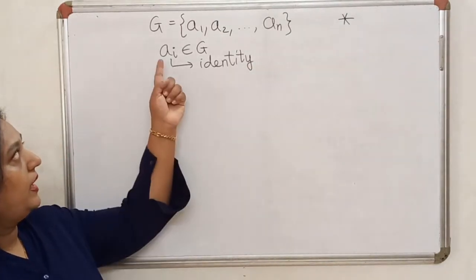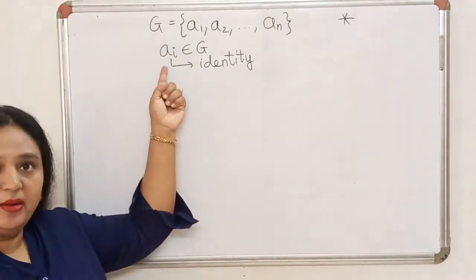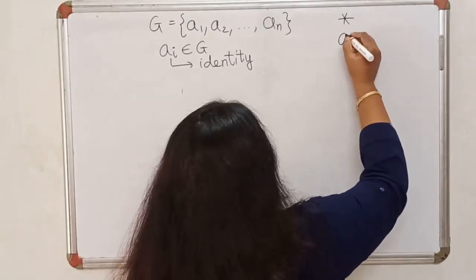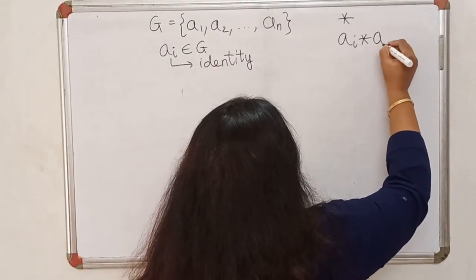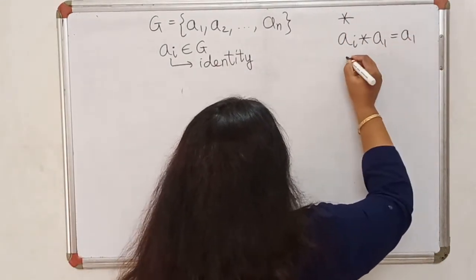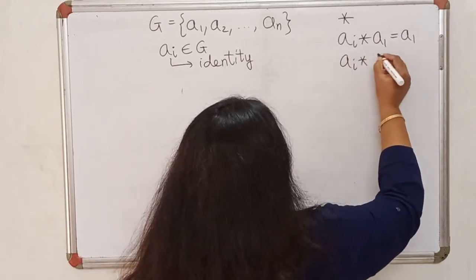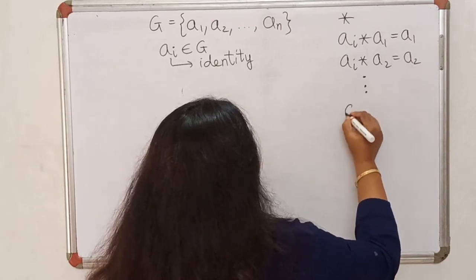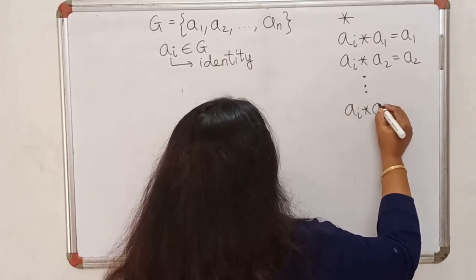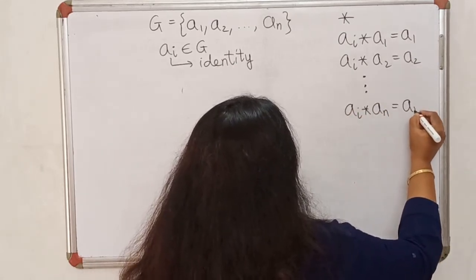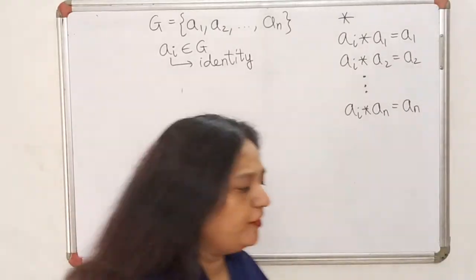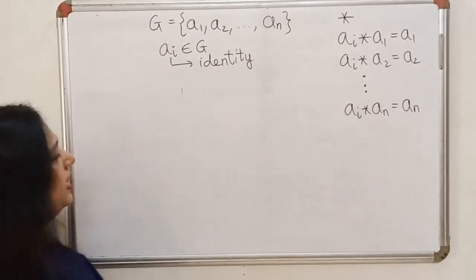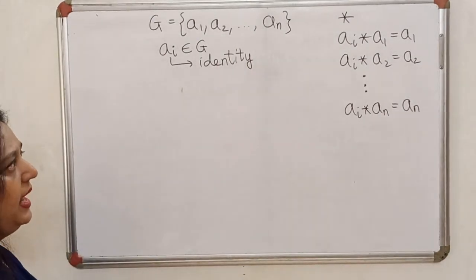Then if I combine any element with this element, I should get back that element. So Ai star A1 will be equal to A1, Ai star A2 will be equal to A2, and Ai star An will be equal to An. So if I know that Ai is my identity element, then this is what will happen.